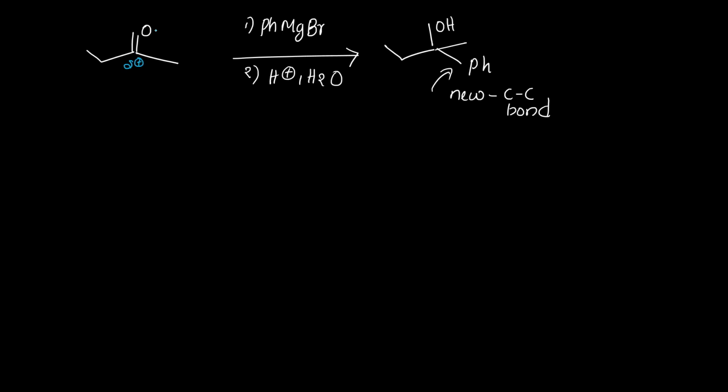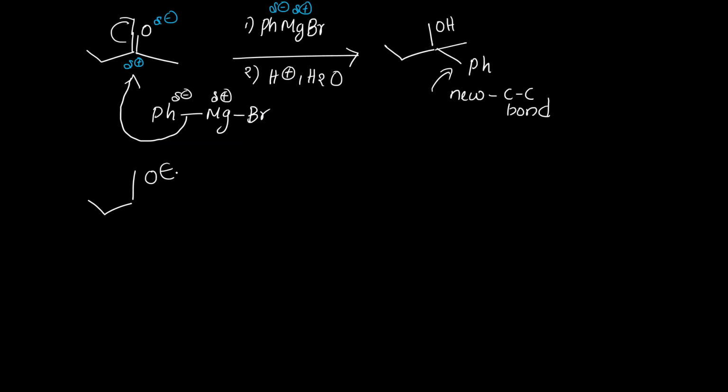First we put the charge. So delta positive, here delta negative. Again, you will get here a delta positive on the magnesium. Here you will have a delta negative. So what do we expect? We have the phenyl magnesium bromide, so this is delta positive, delta negative. This bond will attack here and this bond will break.